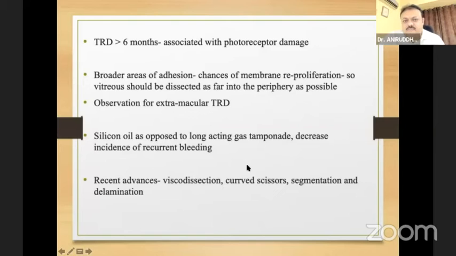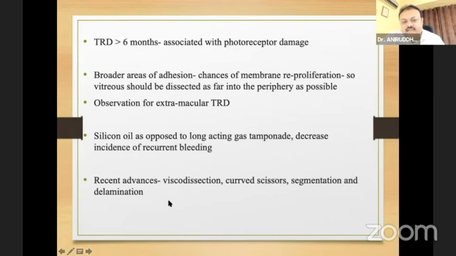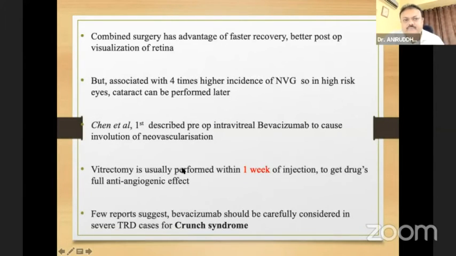So in most of the bad TRD cases, we prefer to use oil over gases. But the recent advances of viscodissection, curved scissors, segmentation, and delamination give more predictable results in these bad cases as well.